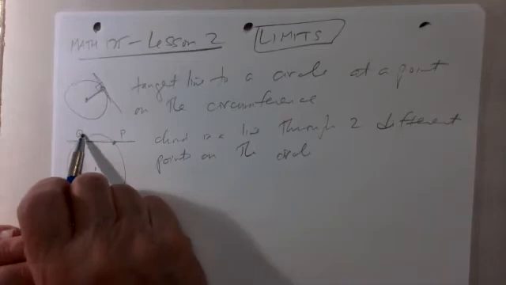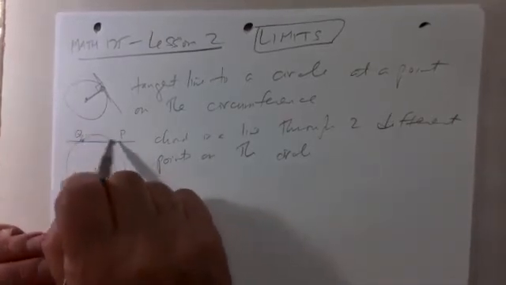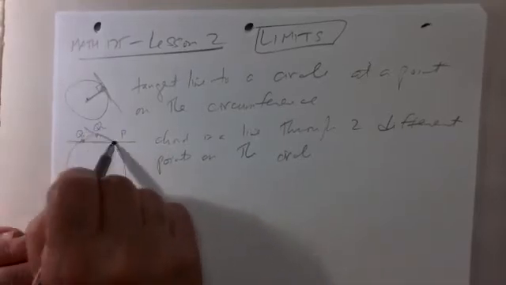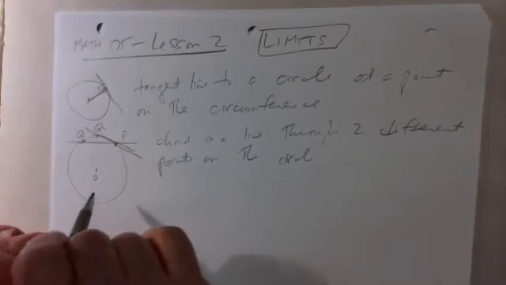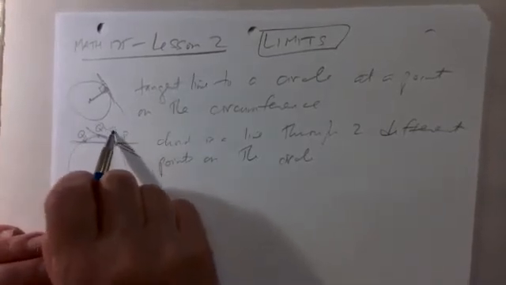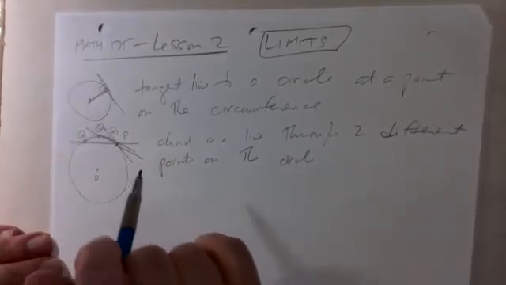Now let's call this Q1. Let's say you take another point on the circle between P and Q1, call it Q2, and you draw that chord. And then you take a point Q3 even closer to P, and you draw that chord.